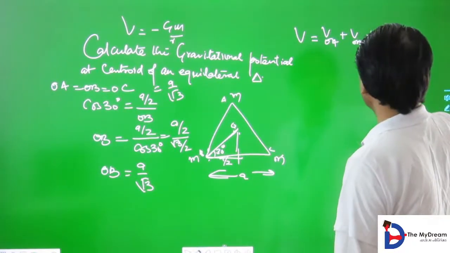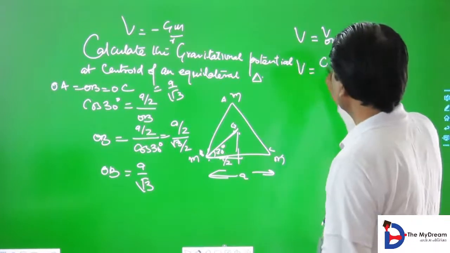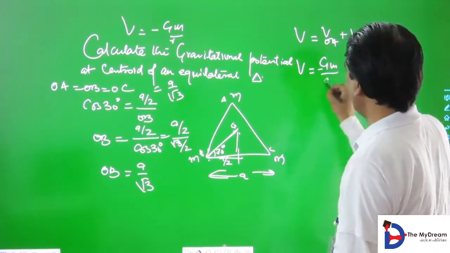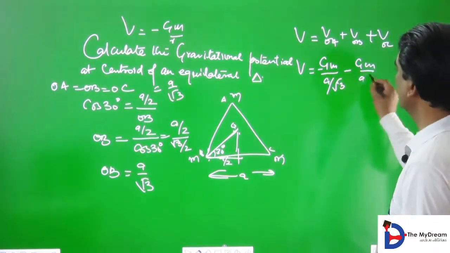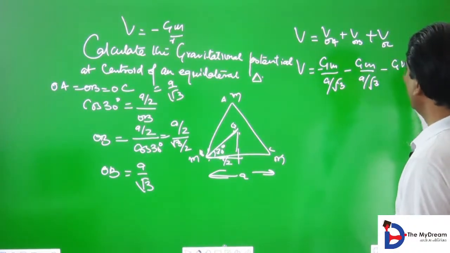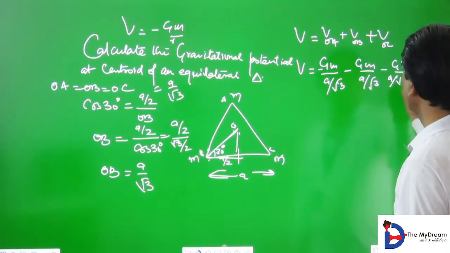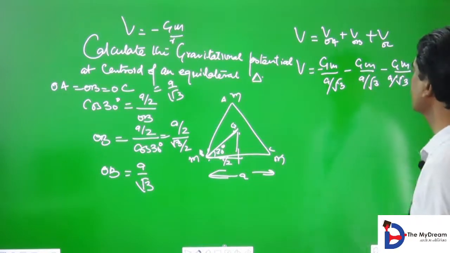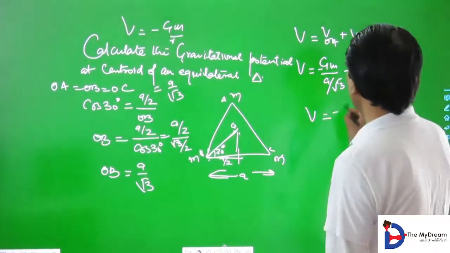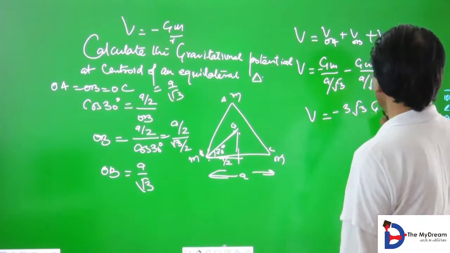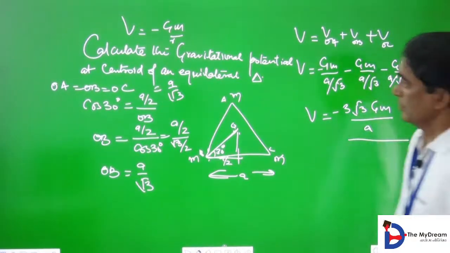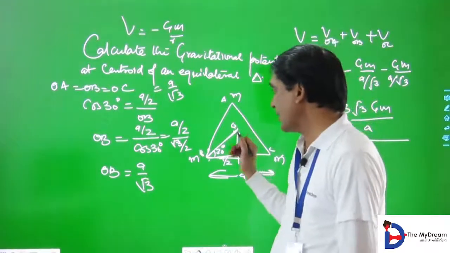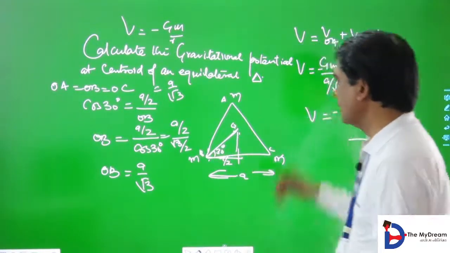V C GM by a√3, GM by A, that is minus 3√3 GM by A. This is the gravitational potential at the center of an equilateral triangle having the same mass.